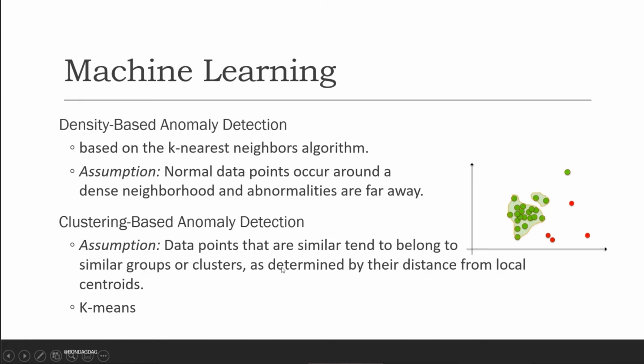Or cluster-based, where you split the data into different clusters and then identify the outliers as anomalies, where a point is far from the centroid. K-means, most likely you're going to use that.